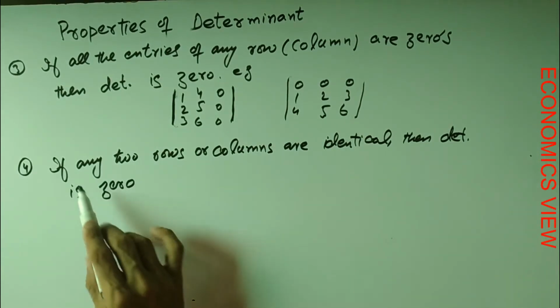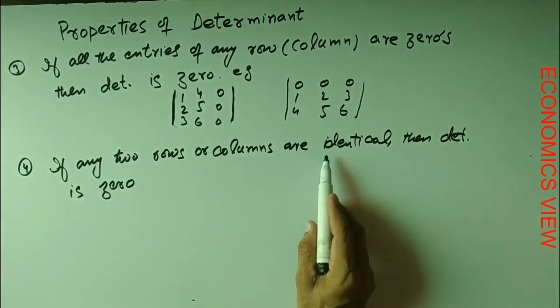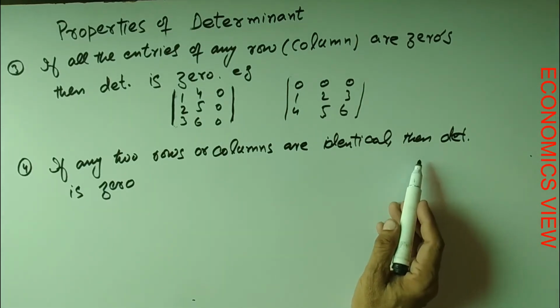What I have said, if two rows or columns are identical, कोई सी दो रो या दो कॉलम अगर एक जैसी आ जाए तो डिटर्मिनेंट 0 हो जाएगा.